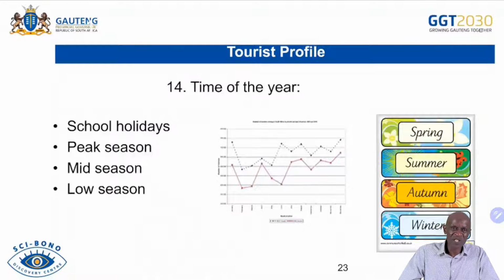Everyone wants to be indoors. But for some attractions, winter months are perfect to explore. Like when we visit a game reserve, the grass is shorter. You are able to have a perfect view of wildlife.